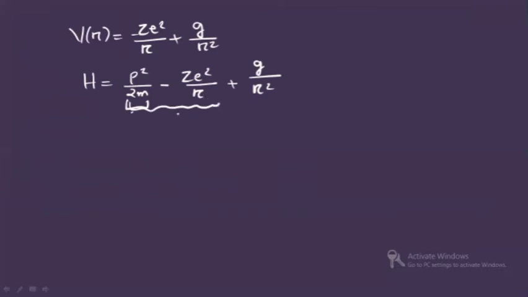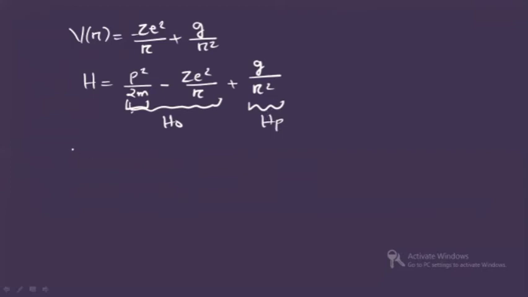So in this case, the Hamiltonian is written as what? The kinetic energy term we are having p²/2m, again the potential energy term, and here G by r². This term is the H naught, the original Hamiltonian, and this is the perturbed Hamiltonian.